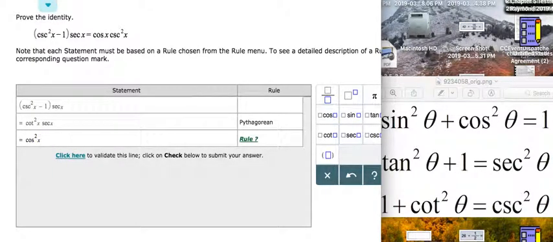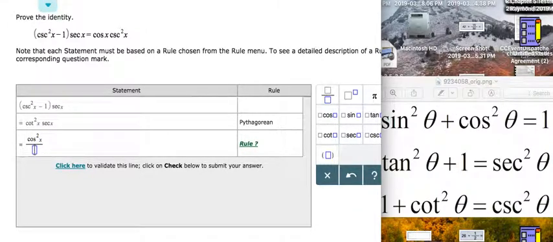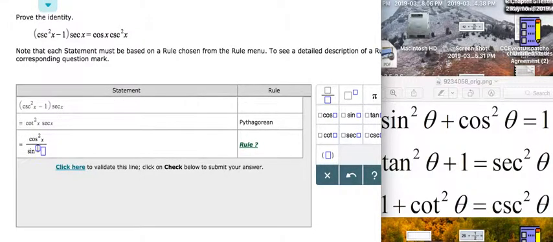But since it's cotangent squared, we've got cosine, I'm trying to get a fraction here. It's probably better if I type it over here. It's cosine squared over sine squared. That's one you want to keep on your fingertips. That cotangent is cosine over sine. So cotangent squared is cosine squared over sine squared.